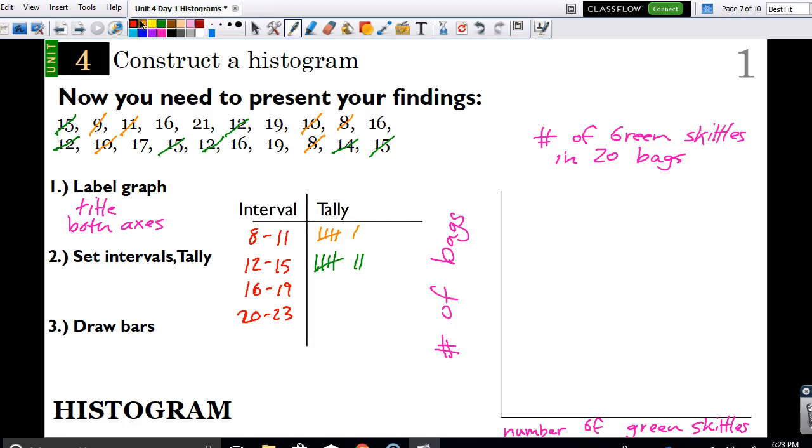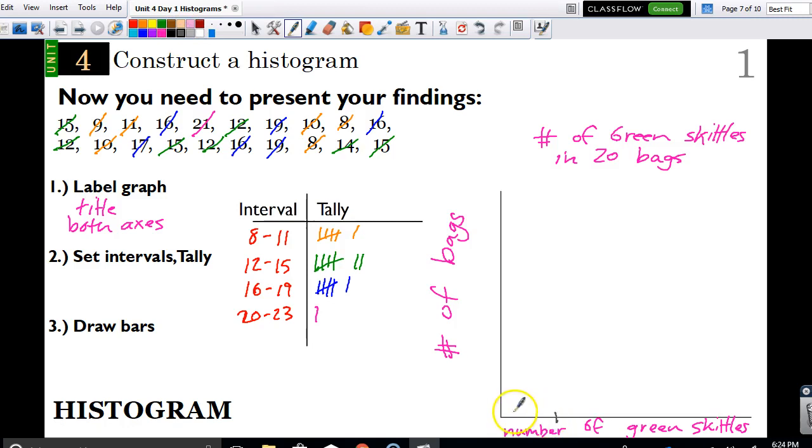All right, the next group, we're going to tally from 16 to 19. 1, 2, 3, 4, 5, 6. And finally, we'll do one last group from 20 to 23. Just 1.